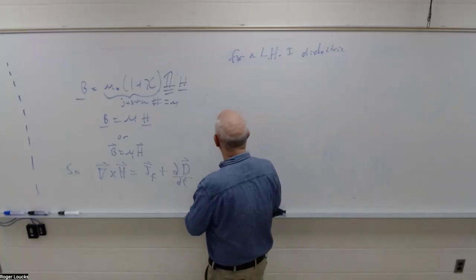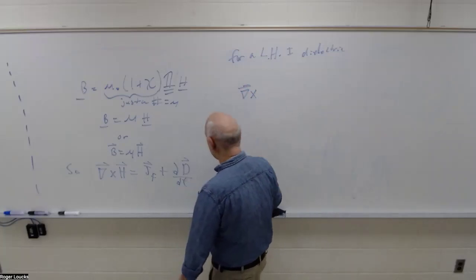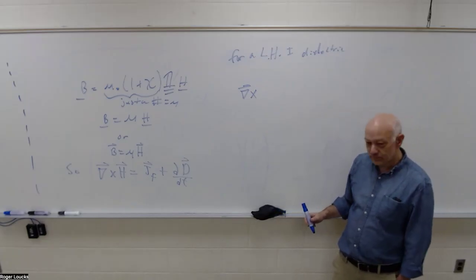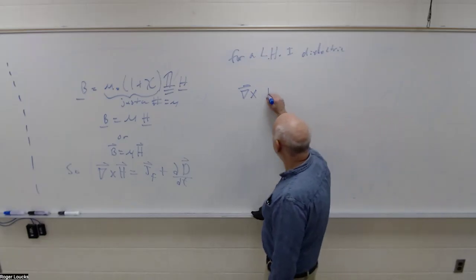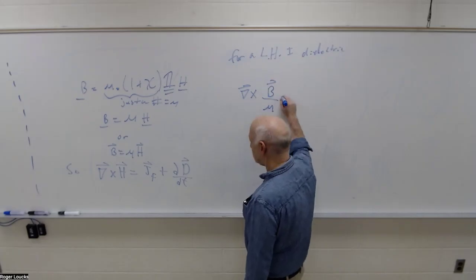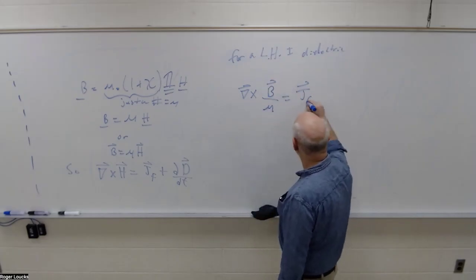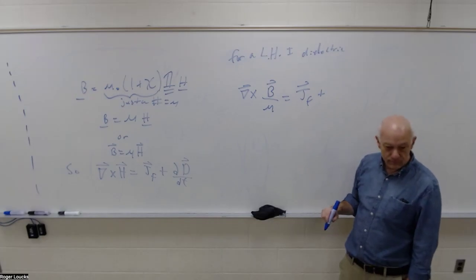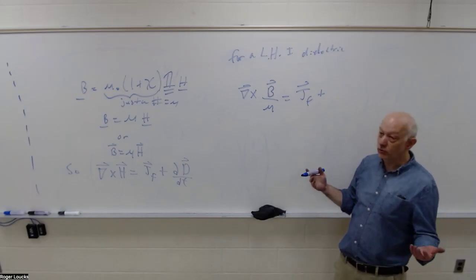Okay, let's figure that out. So what is H? Oh. B over mu. This is J for me. Plus, now what is my D? The linear homogeneous isotropic dielectric.